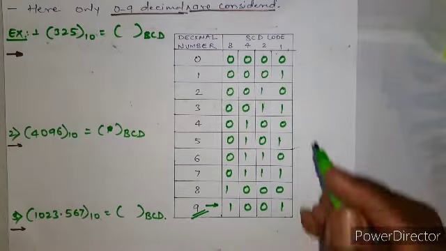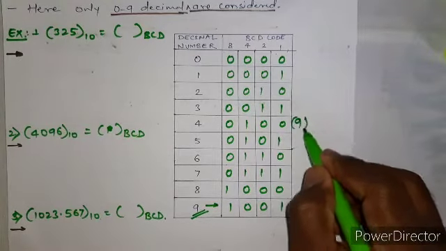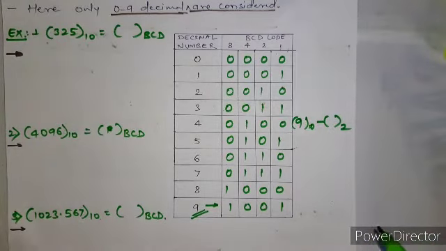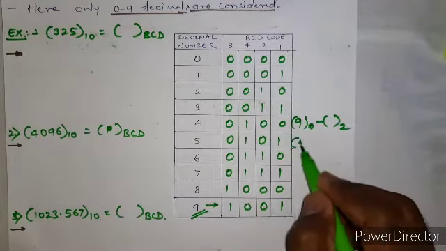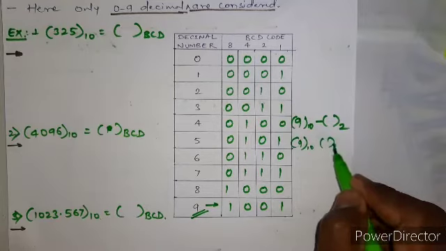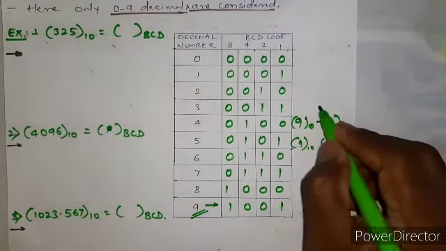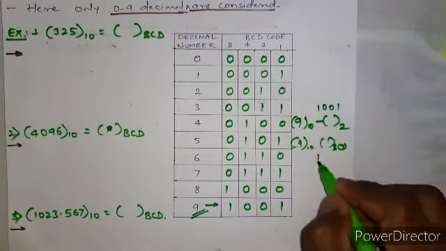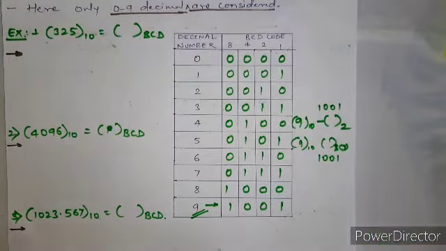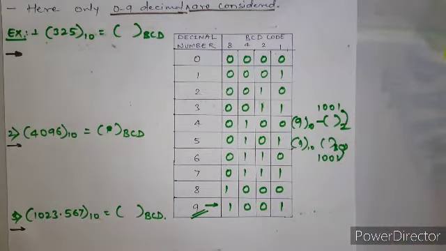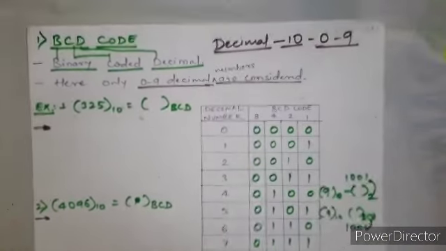If I want to convert decimal 9 into binary, or convert 9 into BCD, the answer is the same, 1001 here also and 1001 here also, but their representation differs: this is binary and this is binary coded decimal.